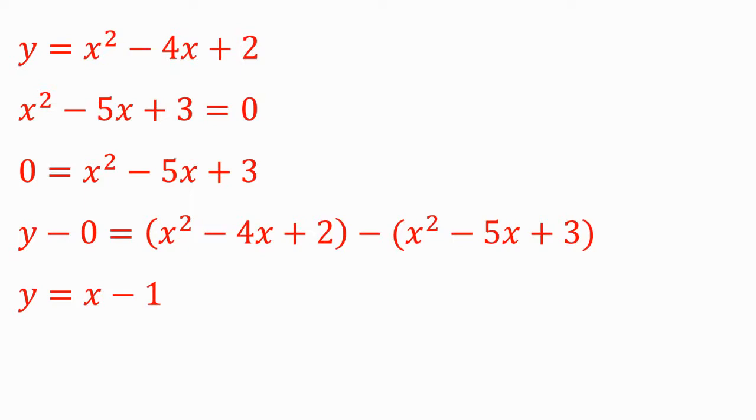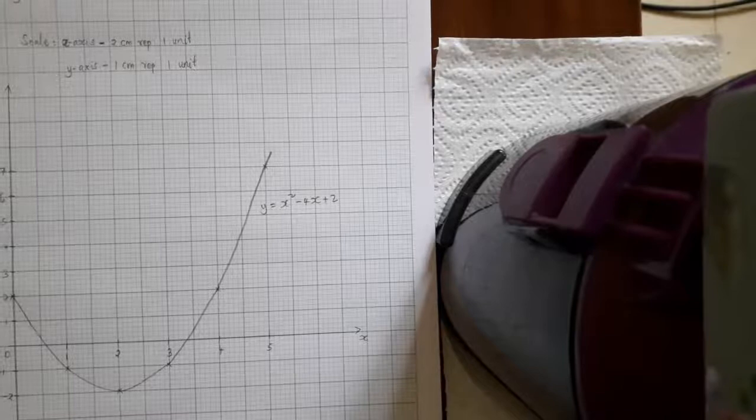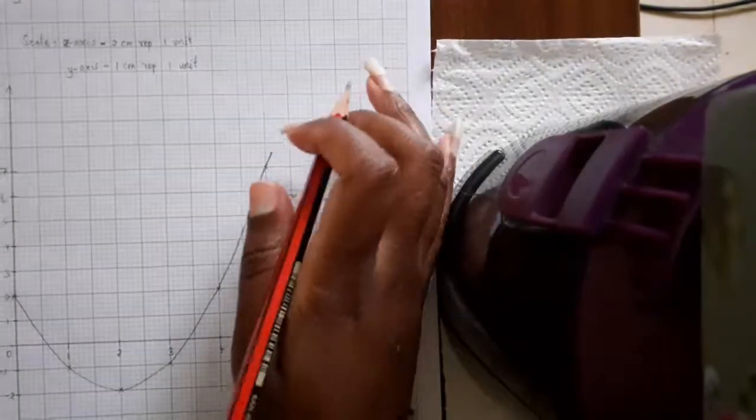So we need to draw the line y = x - 1 on the graph in part B in order to obtain the points where the two lines intersect. We are supposed to draw the line y = x - 1.